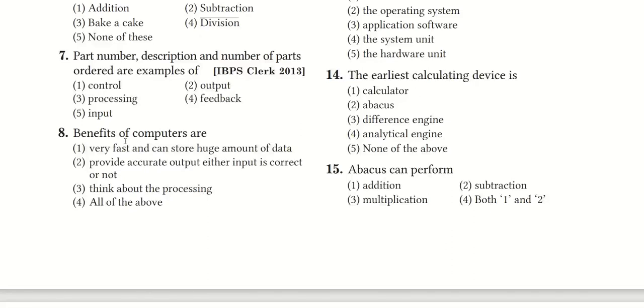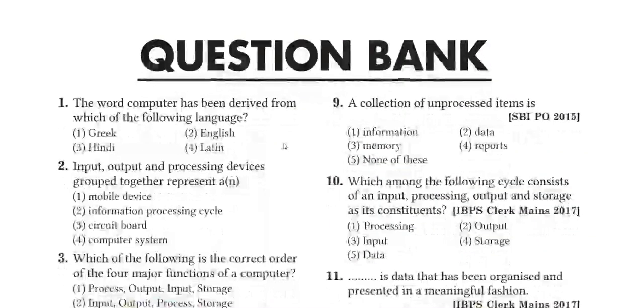Eighth question, the benefits of computers are that they are very fast and can store a huge amount of data. Next question, a collection of unprocessed items is data.